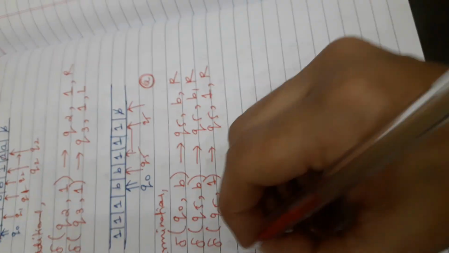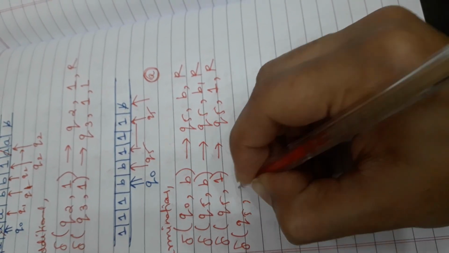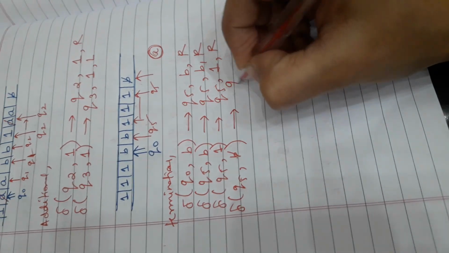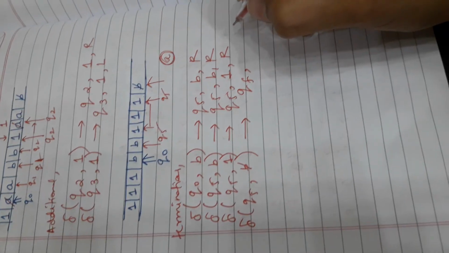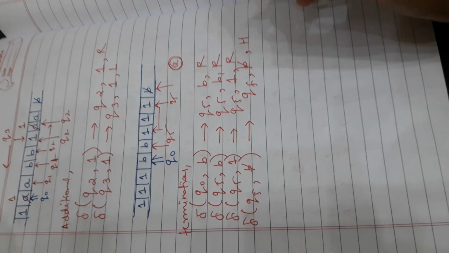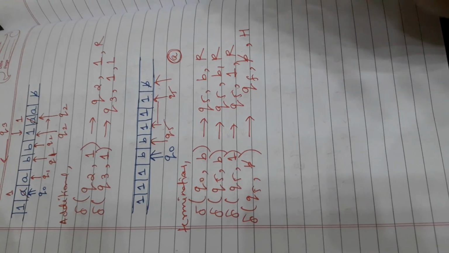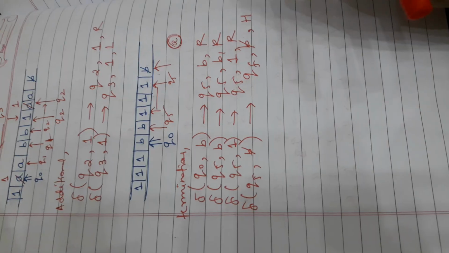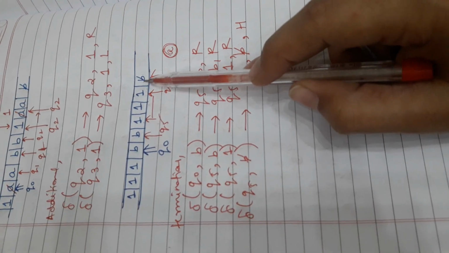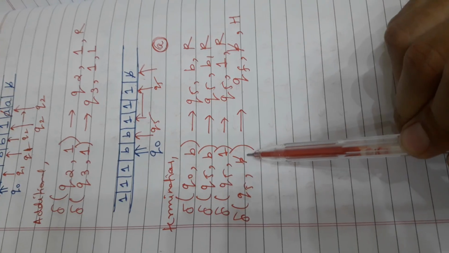And finally, if this Q5 receives a blank, we say that the Turing machine should go in the final state. Blank remains blank. Halt, that is we have accepted this string. But assume that Q5 receives an A at any moment here.